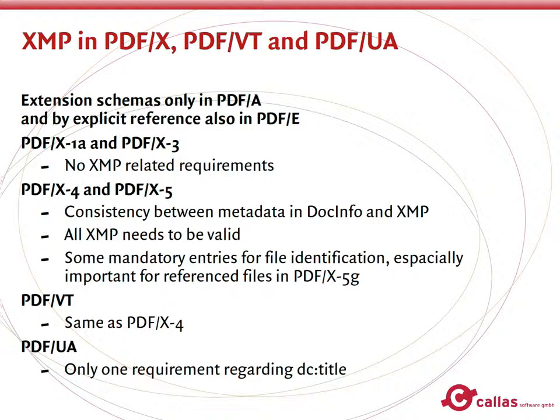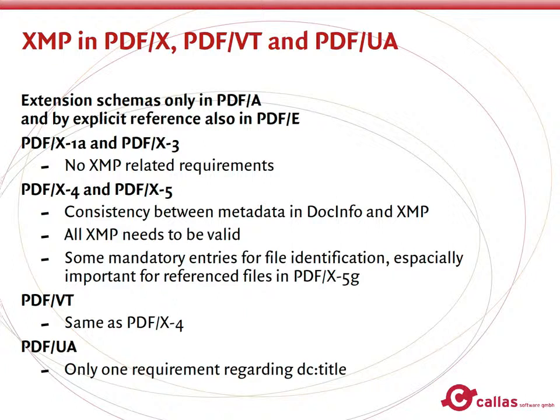So if you have the author entry in the document information metadata and in the XMP, then the value of this author, Ulrich, for instance, has to be the same. And also all XMP, that means also object level XMP, needs to be valid. That means it needs to be a valid XMP structure.